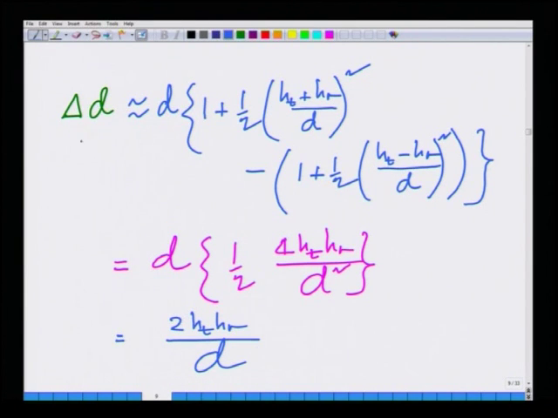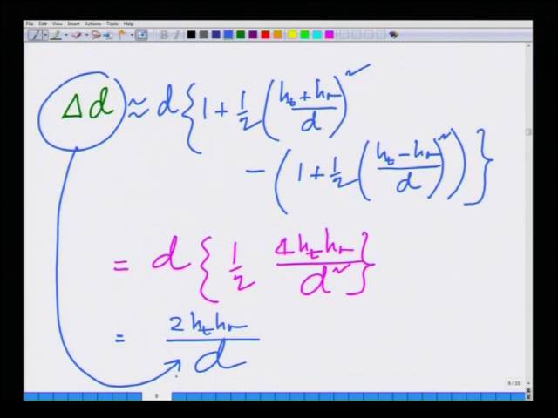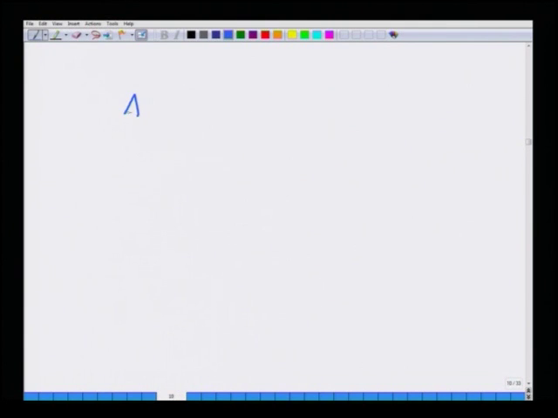Hence, this delta d distance is approximately equal to 2 ht hr by d.